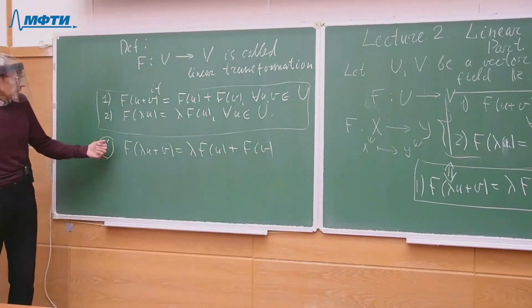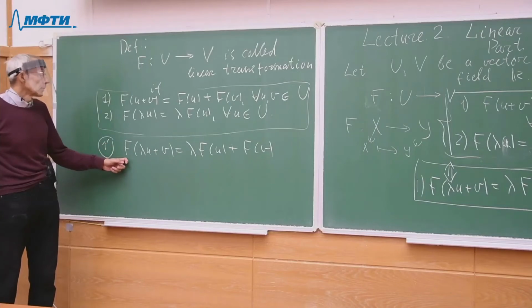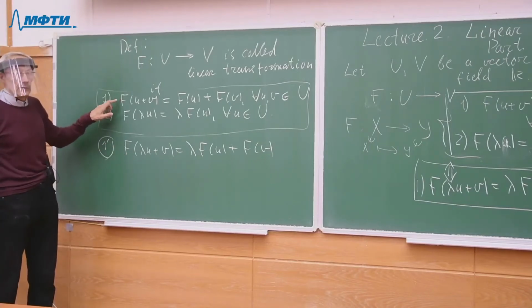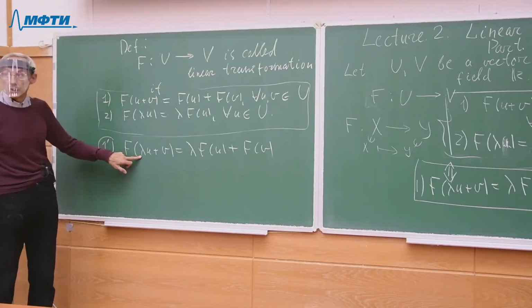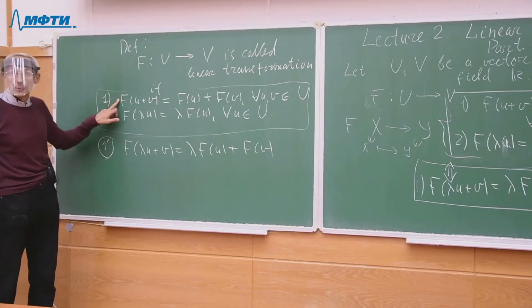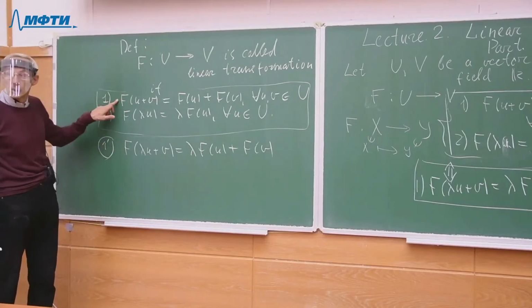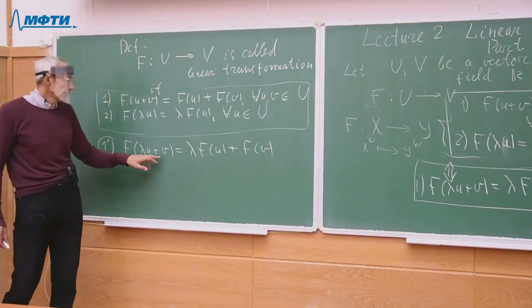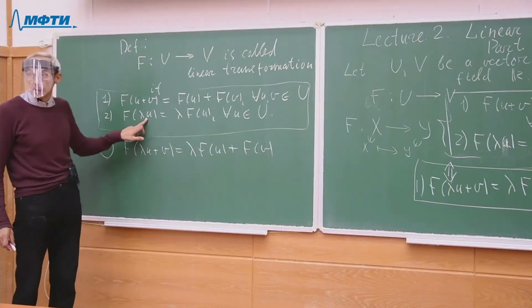Easy to see that if we have only property 1 prime, we can obtain both of these properties. If we put lambda equal to 1, we obtain the first property. If we put v equal to 0, we obtain the second property.